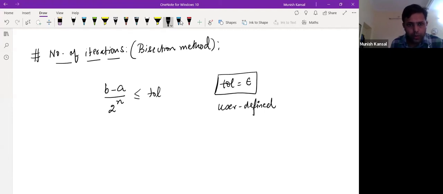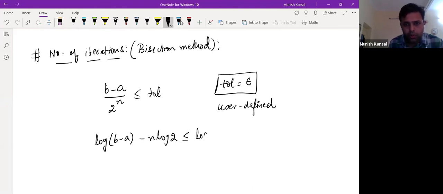So this is an inequality. You can take the log on both sides. So this is log of (b minus a) minus n log of 2 less than or equal to log of the tolerance.